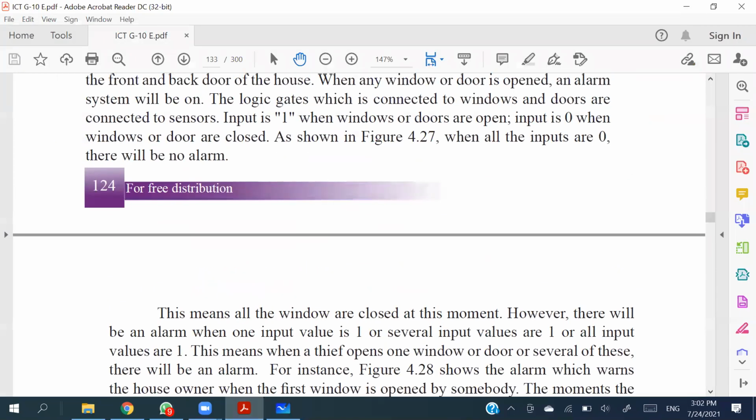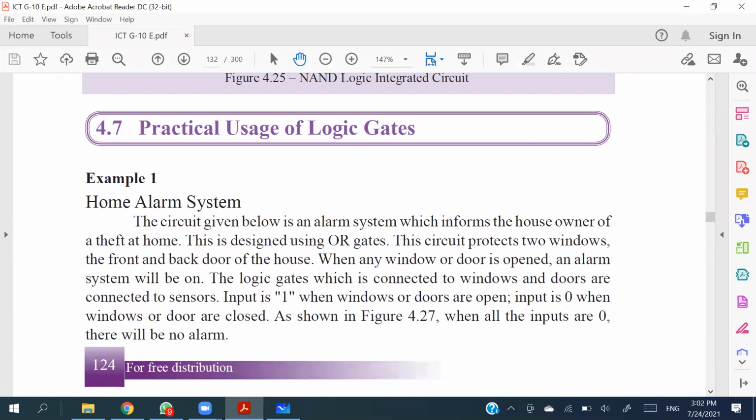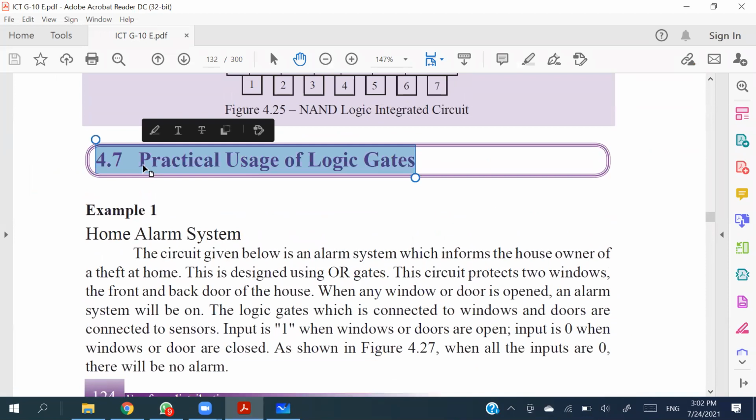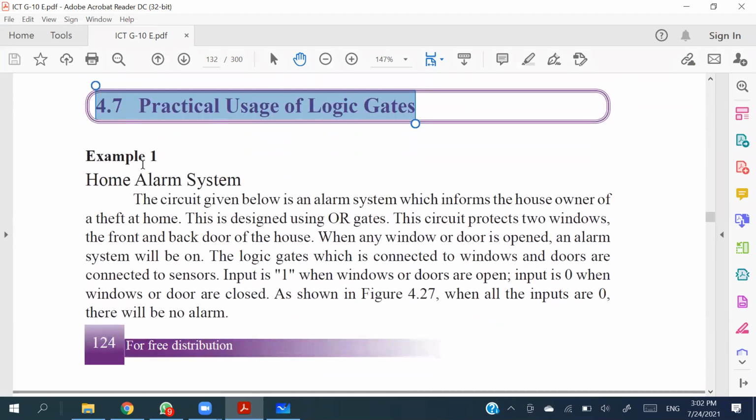All right, let's note down first. Have the heading like this: practical usage of logic gates, and put example 1, home alarm system. And under that, write this point to this point.